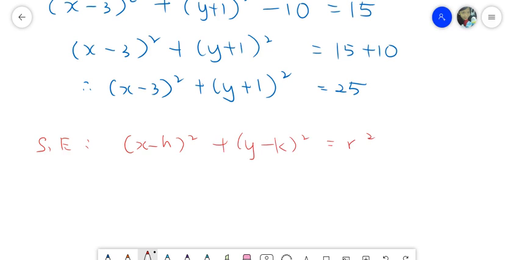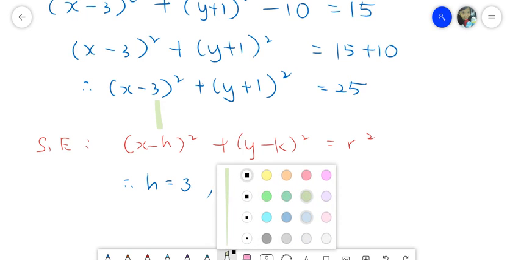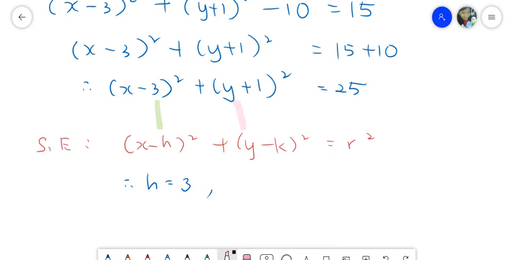So from there you compare. X, negative, negative. So h will be 3 exactly. So you will set h equal to 3. You know how to compare? So again, y.